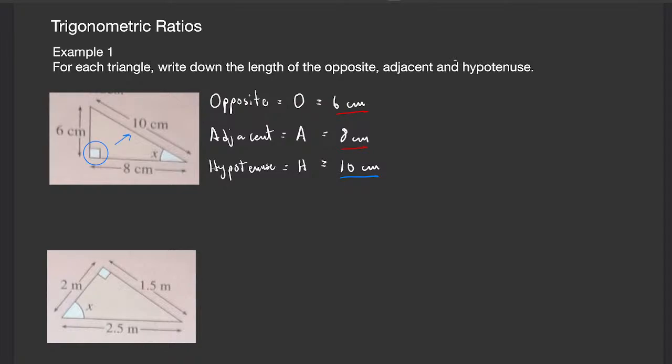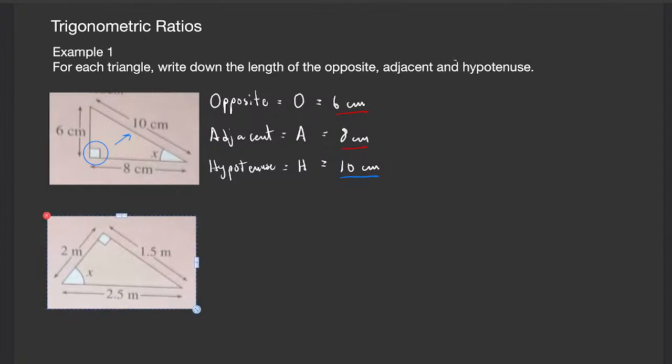All right, let's go down to our example below. Let's get this diagram a little higher. All right, so similarly, we will be looking for our opposite, our adjacent, and our hypotenuse. Well, remember, if we are looking for our opposite, we need to know where our angle is.